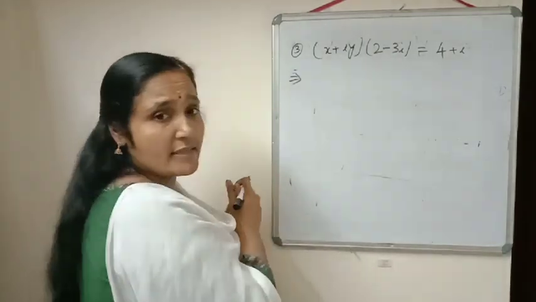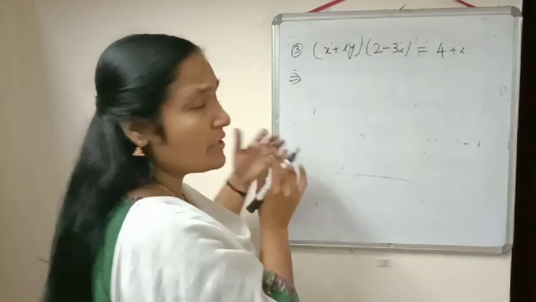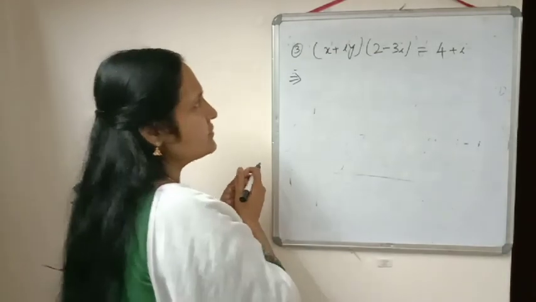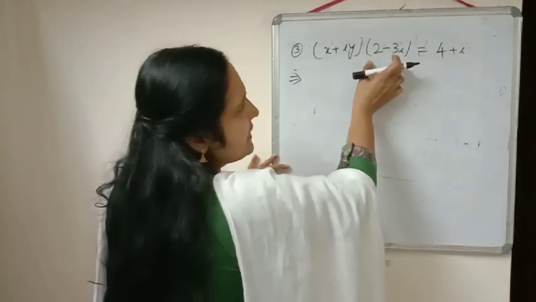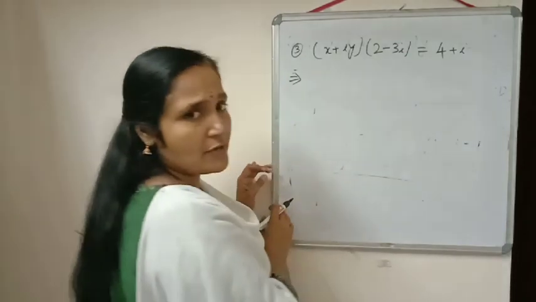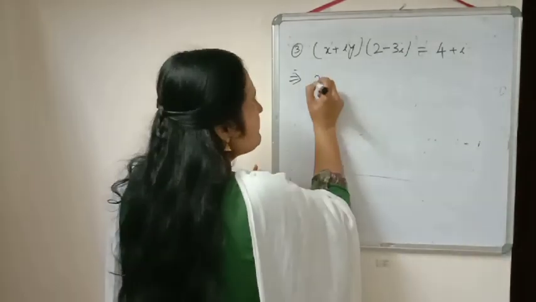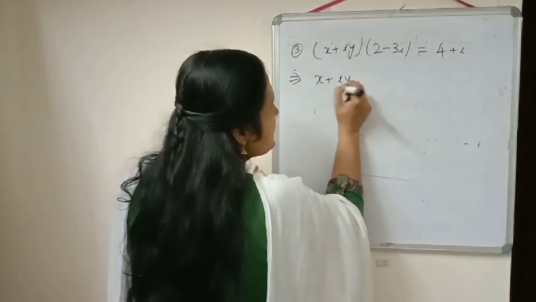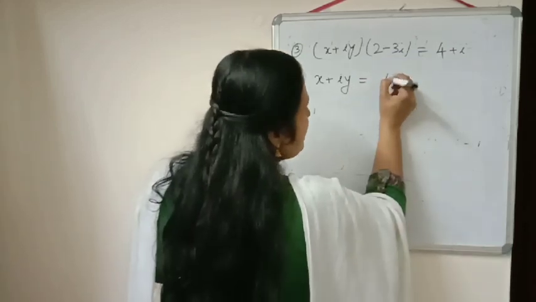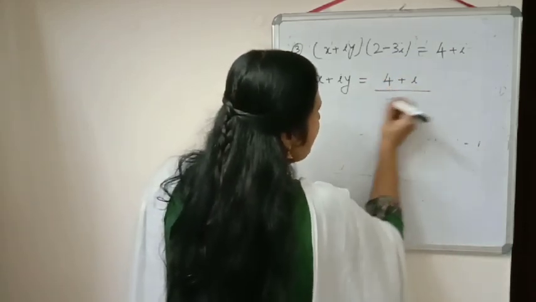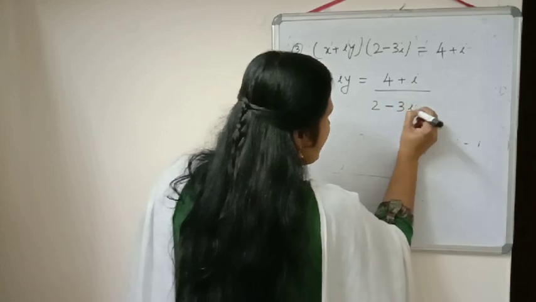Again, it is not written in the standard form. So first we can convert it into standard form. For that it is better we shift this 2 minus 3i to the right hand side because it is multiplied there. So x plus iy is equal to 4 plus i by 2 minus 3i.